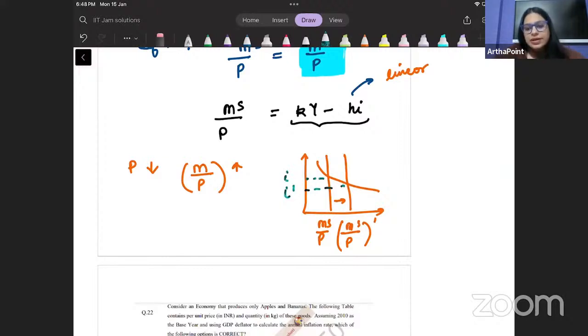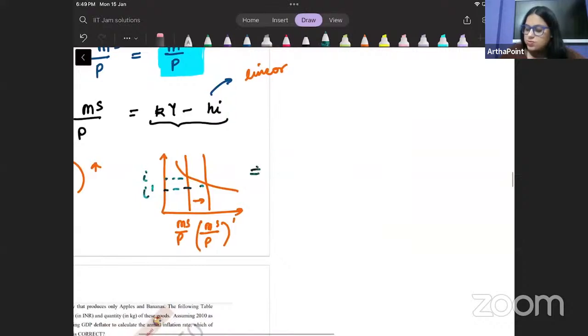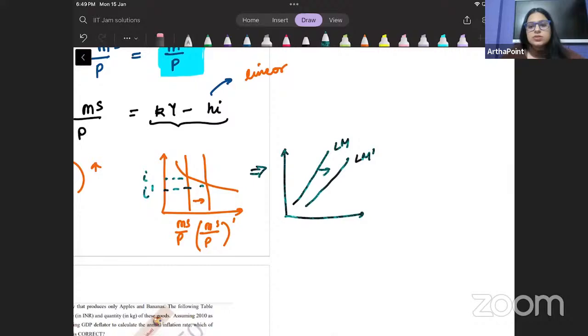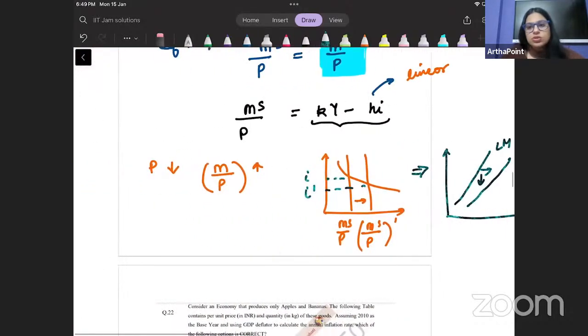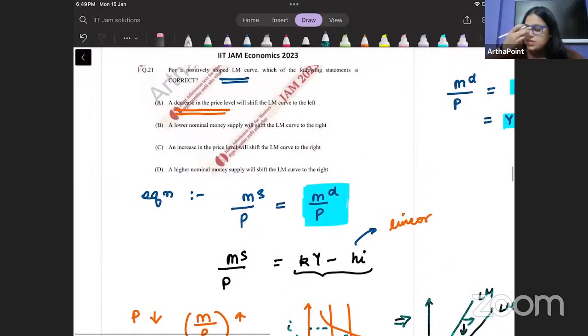Correspondingly, whenever there is an increase in the supply of money, the LM curve will shift rightwards, or we can also say downwards. So when there is a decrease in the price level, the LM curve will shift to the right. This statement is therefore incorrect, as it should shift to the right.